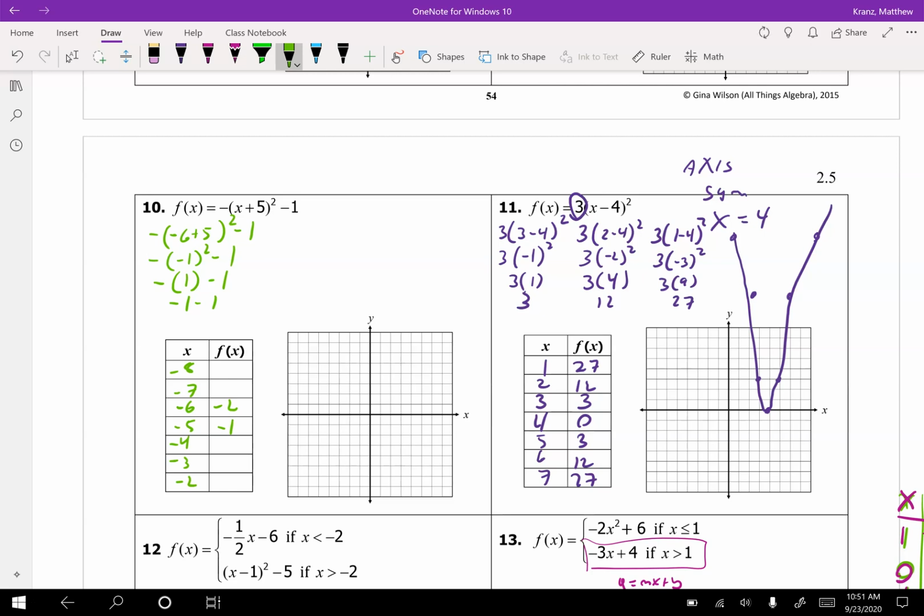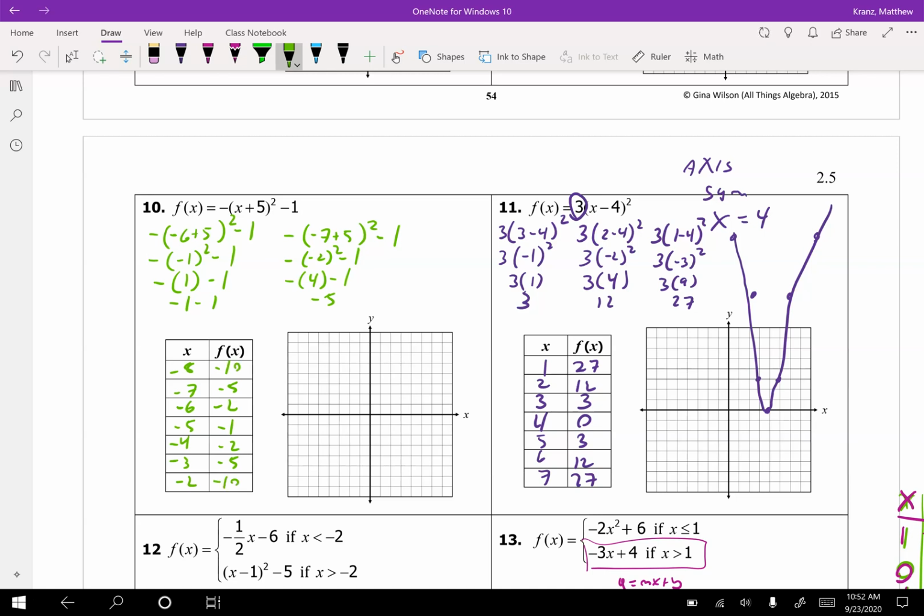All right, let's try negative 7. Negative 7 plus 5. You can use calculators for this too. Just type it in exactly like this. Negative 7 plus 5 is a negative 2 squared minus 1. So negative 4 minus 1 is negative 5. So we're at negative 5. And this is going to repeat the same on the other side. And this one will come out to negative 10.